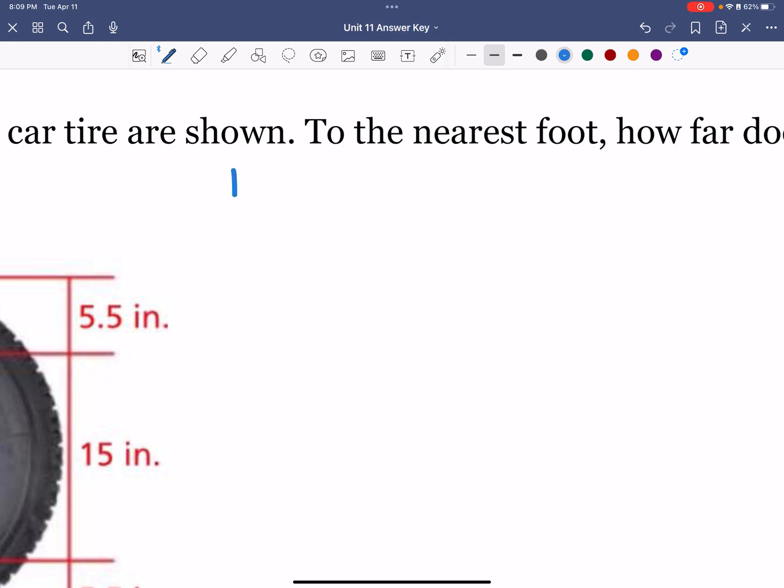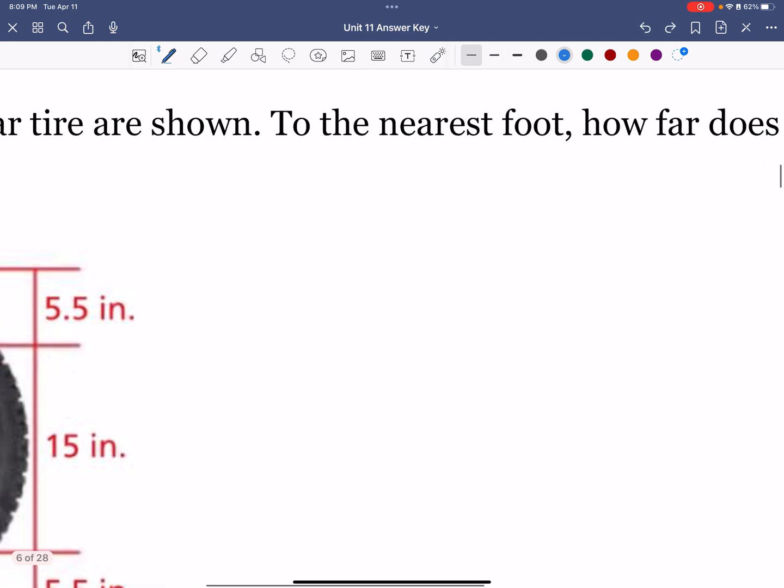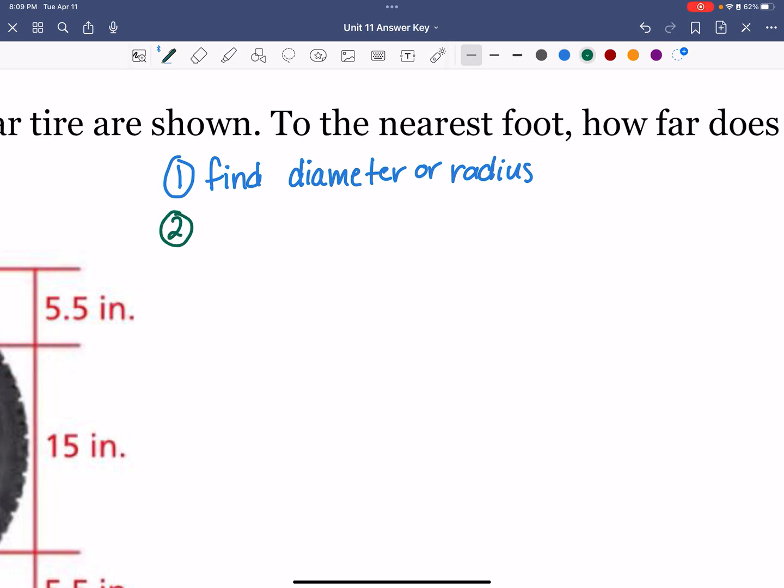So I have 3 steps that I need to do to work through this. Step number 1, we need to find the diameter or radius. Either one works. Step number 2, we need to find the circumference.